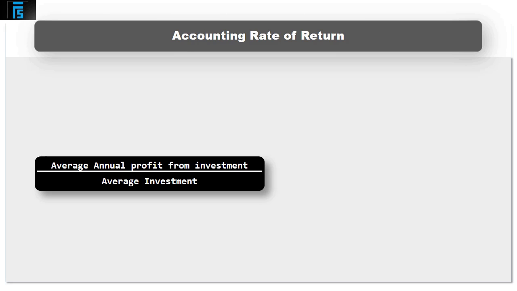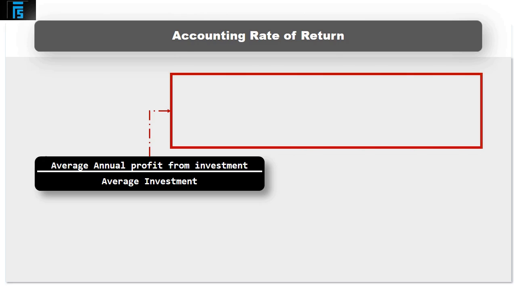Remember the formula: average annual profit from investment over average investment, times by 100 to give us a percentage. Average annual profit refers to accounting profit, so after depreciation. Total cash profits would be $300,000 plus $550,000 plus $600,000 plus $440,000 equals $1.89 million over the 4 years.